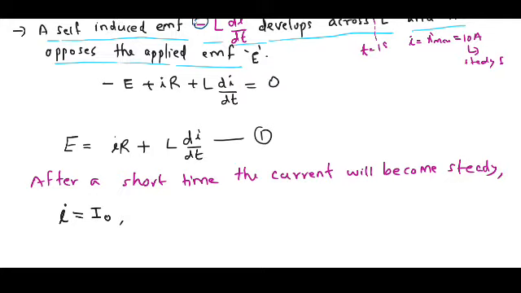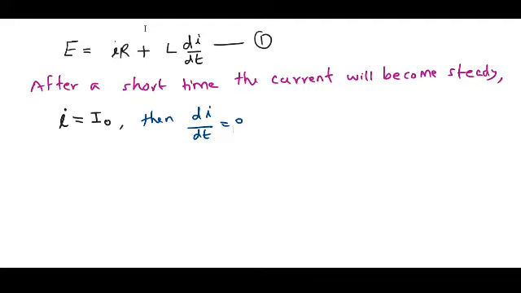Then di by dt will be equal to 0. From equation 1, I can write E will be equal to I0 R. If di by dt is equal to 0, equation 1 reduces to this form. So the maximum current flowing through the circuit is equal to E by R.